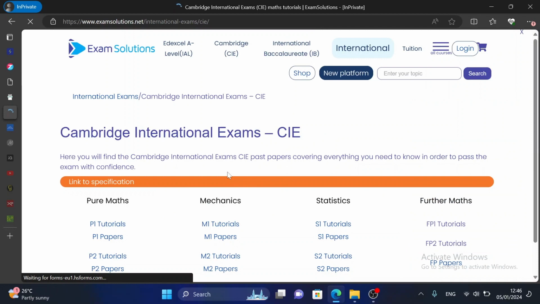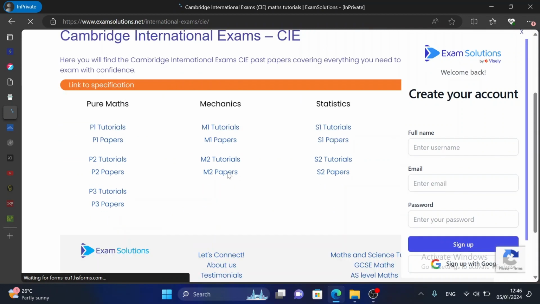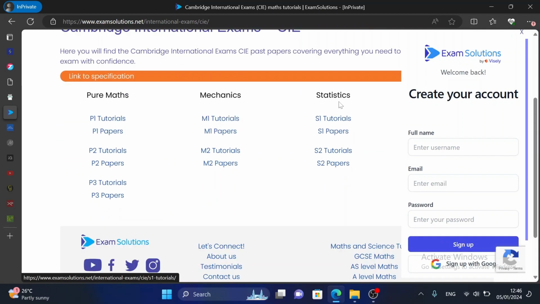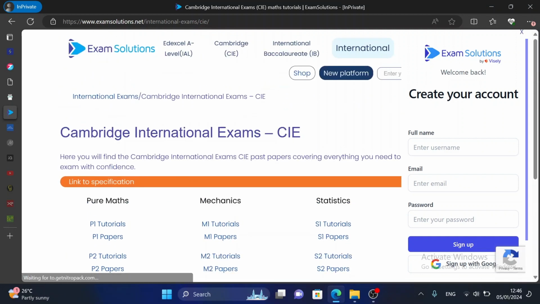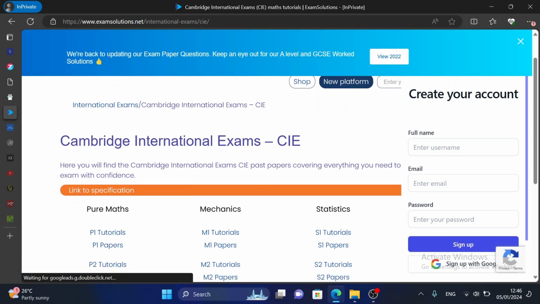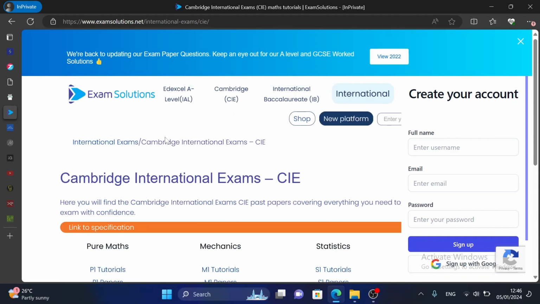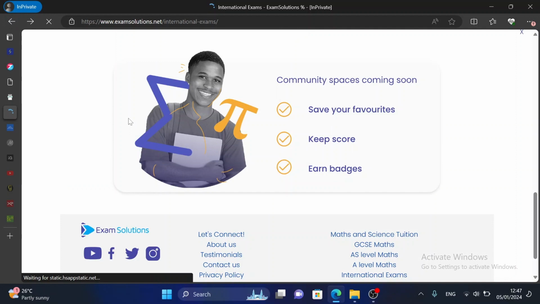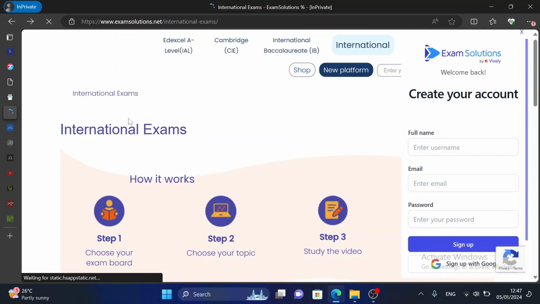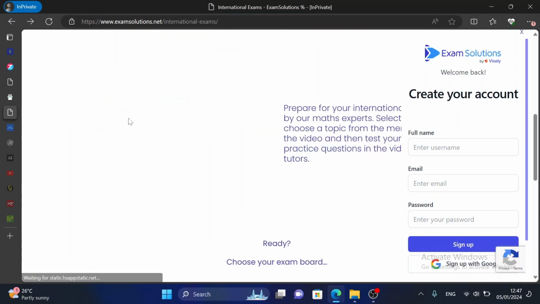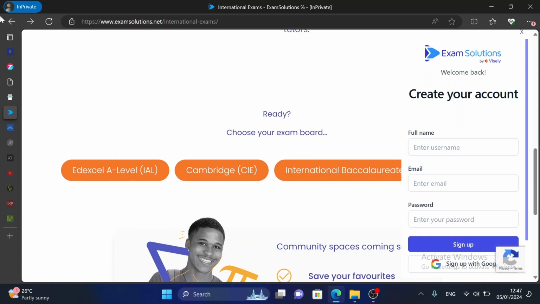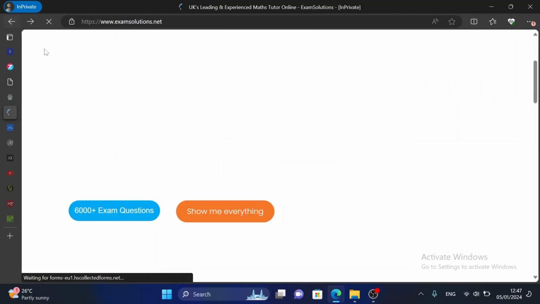So then now you got tutorials and papers for each topic. I think I accidentally went into A level, so we go back. Okay, let's just go GCSE.